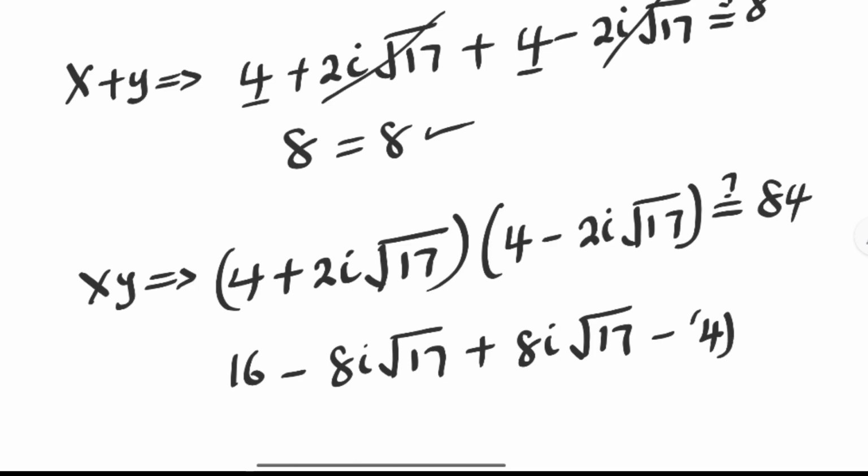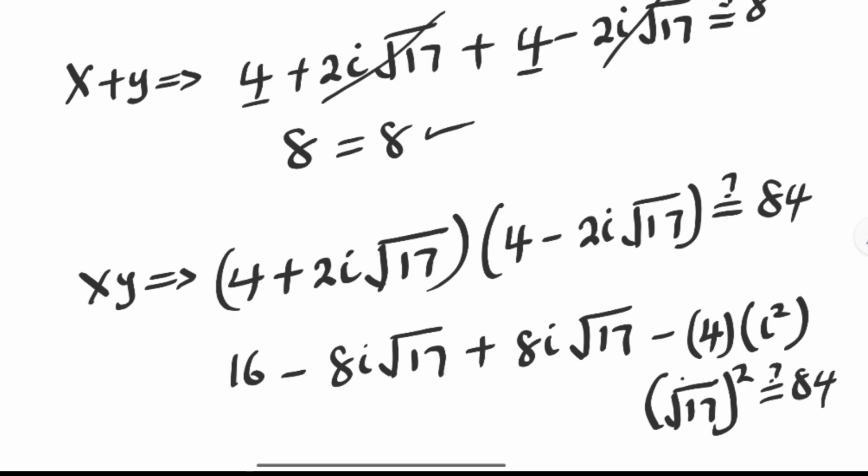This will be 4 multiplied by i squared multiplied by square root of 17 squared, must be equal to 84.